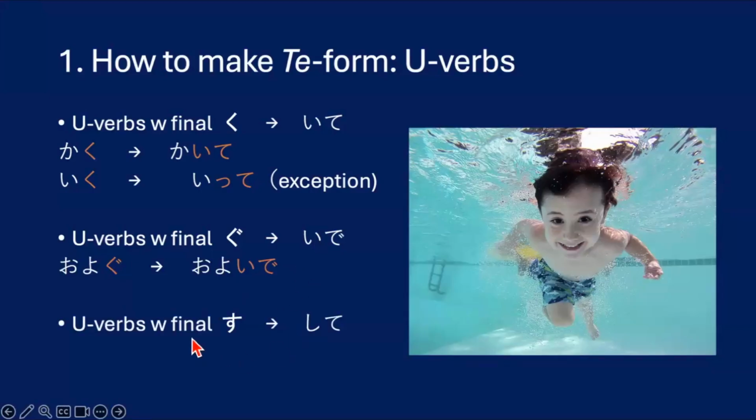And for a u verb ending with su, you're going to change su to shite. For example, hanasu, to speak. So hanashite, hanashite. So you're going to have to remember the ending of u verbs and then how you can make each category into a te or de form.